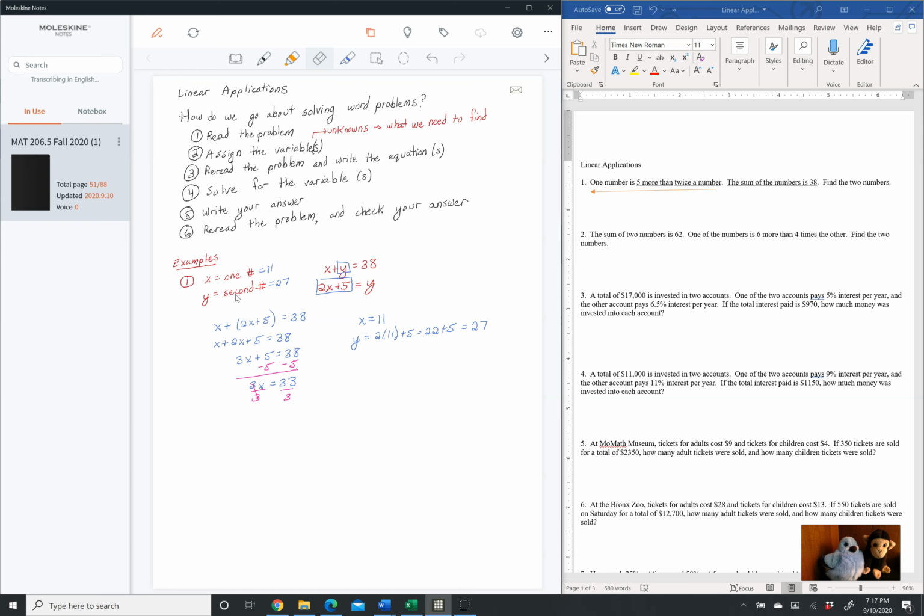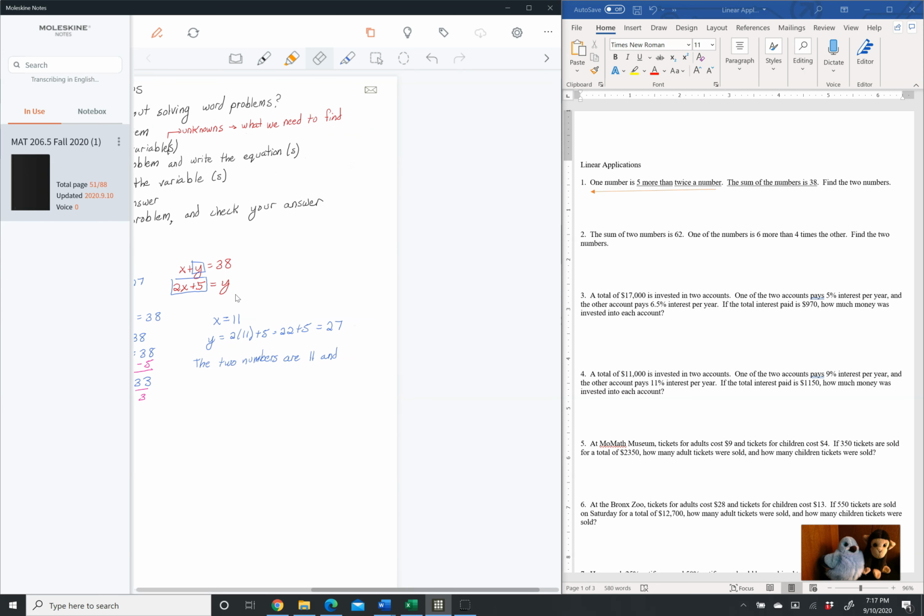So the sentence here would be the two numbers are 11 and 27. That's what we mean by write your answer. We want to make sure that we're being very clear. Okay, so that would be it.